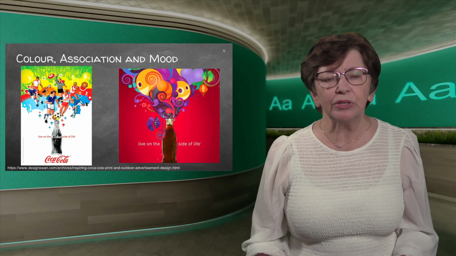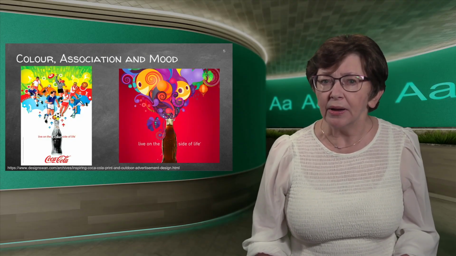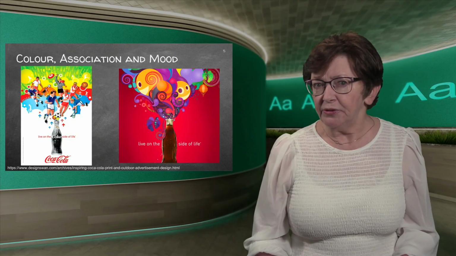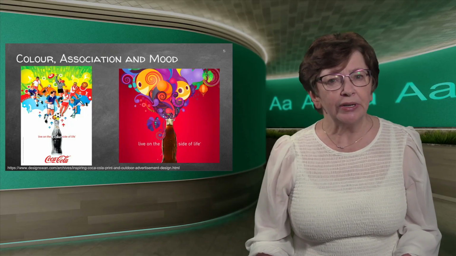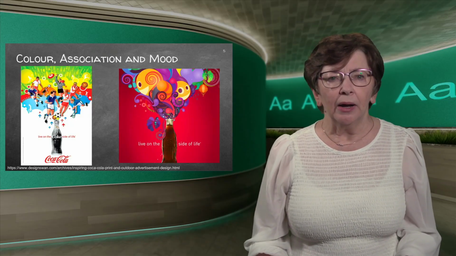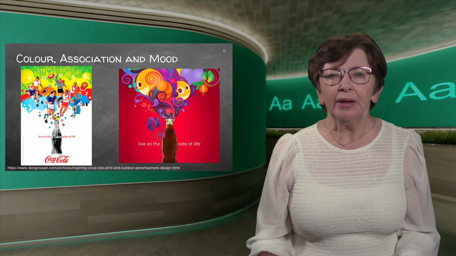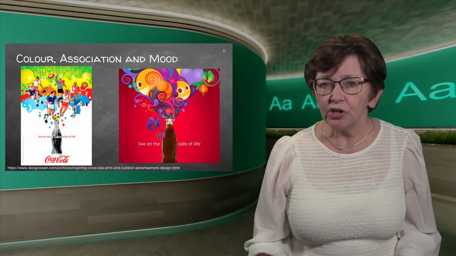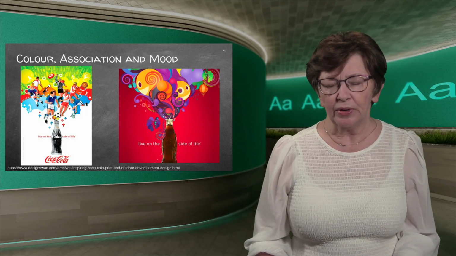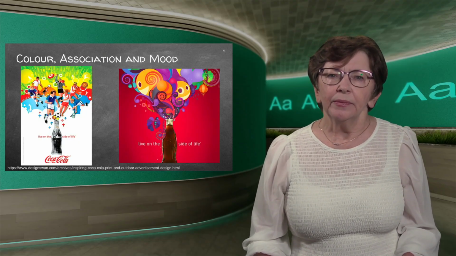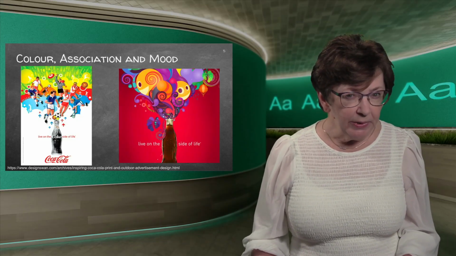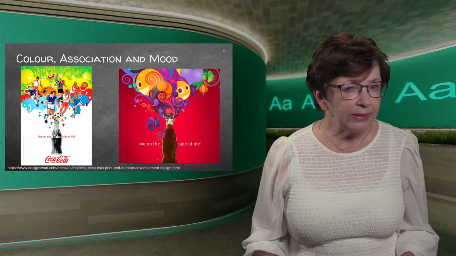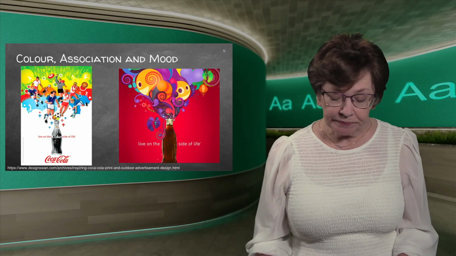When red is used, passion, romance might be suggested, depending on the advertisement itself. Green usually suggests to us growth, the outdoors. Yellow is normally associated with happiness, for instance. So advertisers make use of color to also, on a subliminal level, manipulate our moods.